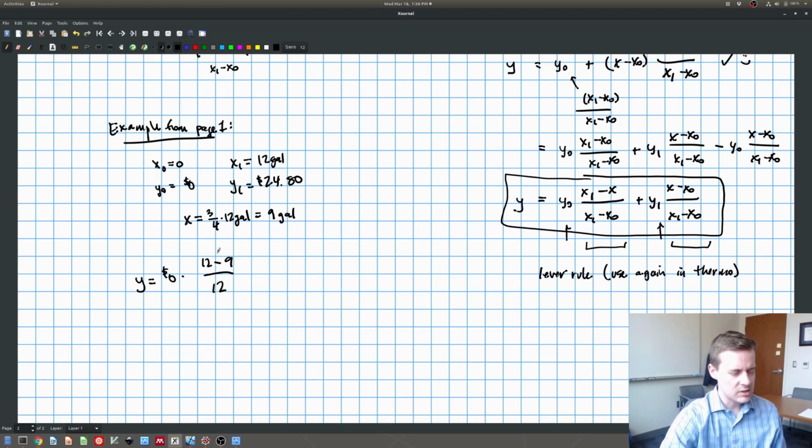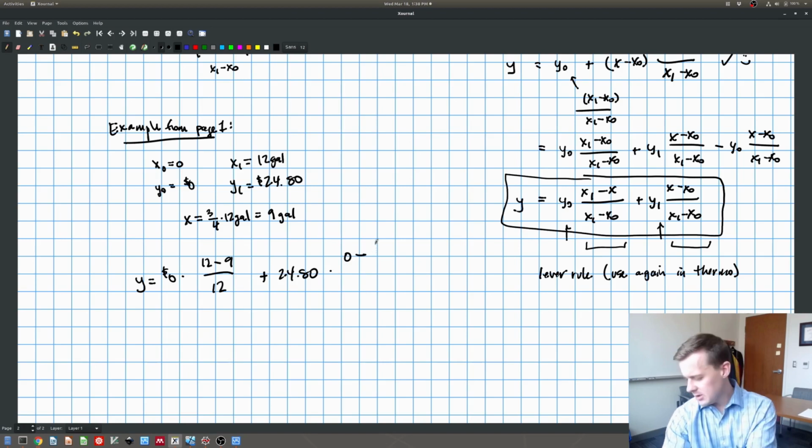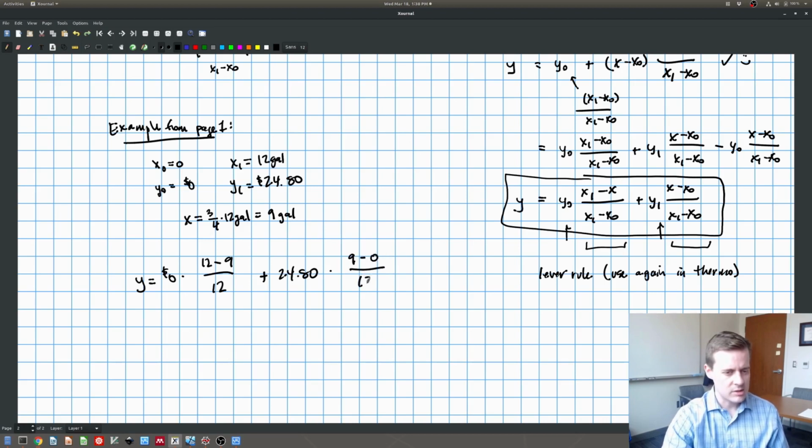So you see how this is the distance on the one side, okay? Plus y1 is $24.80, and this one is going to be multiplied by x minus x0. Excuse me, x is not 0. x is 9 gallons. x0 is 0, divided by the same 12.